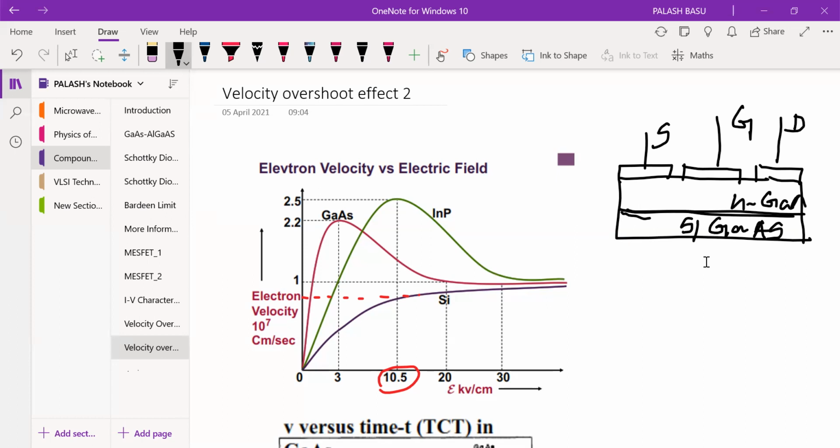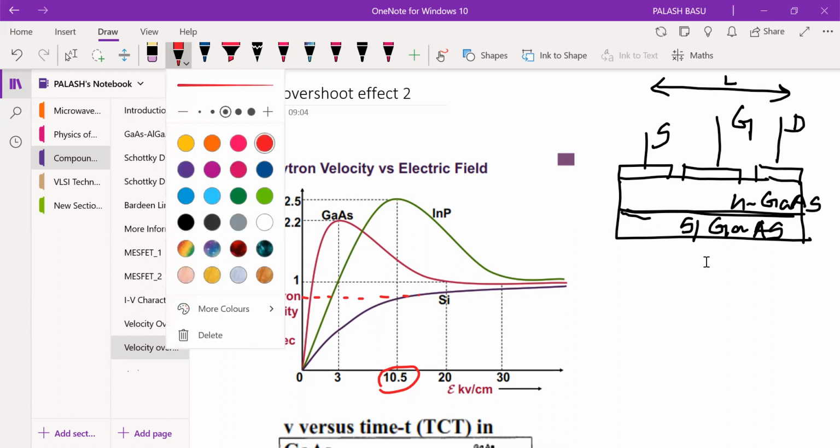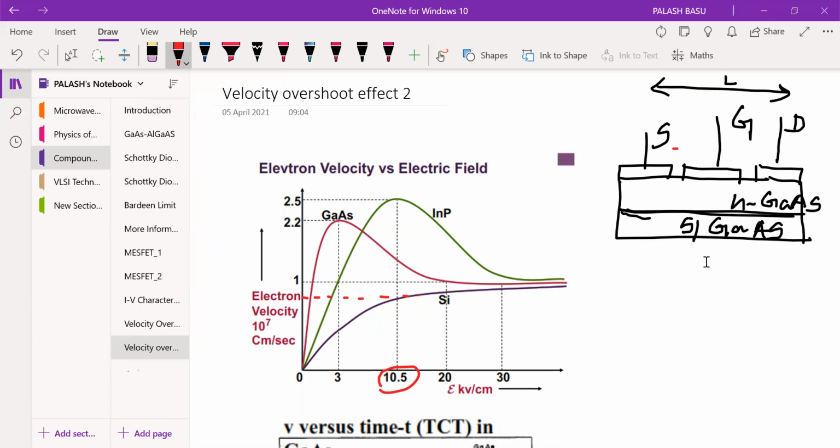Question is, what we are saying is that if you try to reduce the length L between source and drain, what will happen?